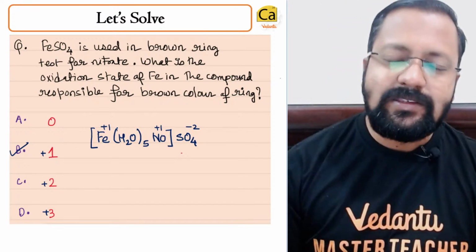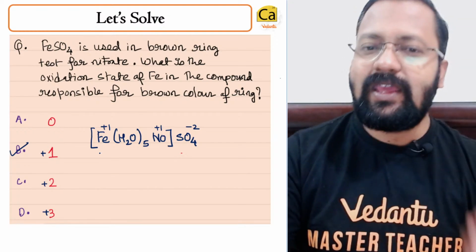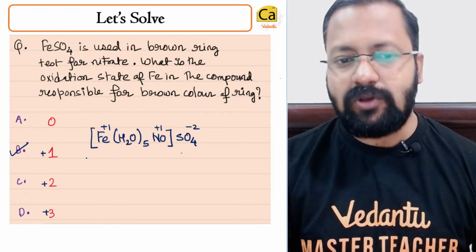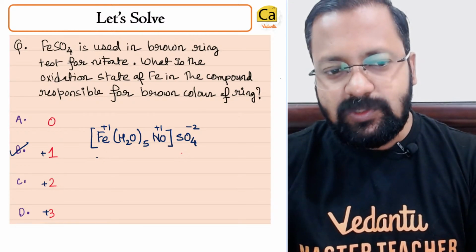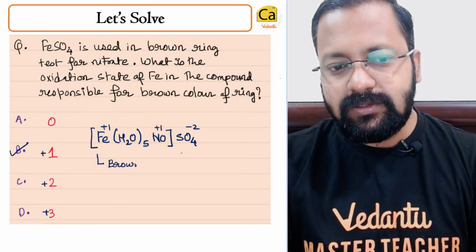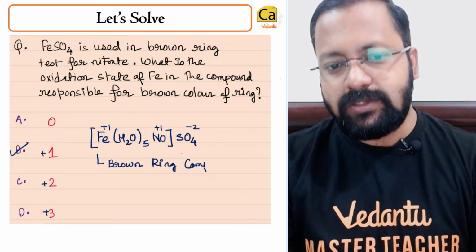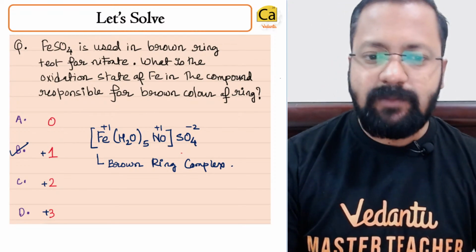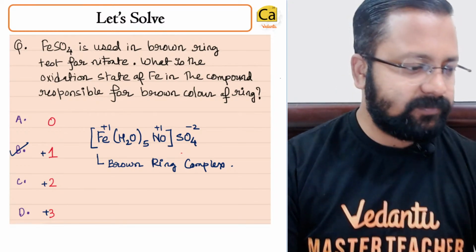The right answer is that Fe in +1 oxidation state is present within the compound which is responsible for the brown ring test. So this is the brown ring complex, and iron is present in +1 oxidation state.